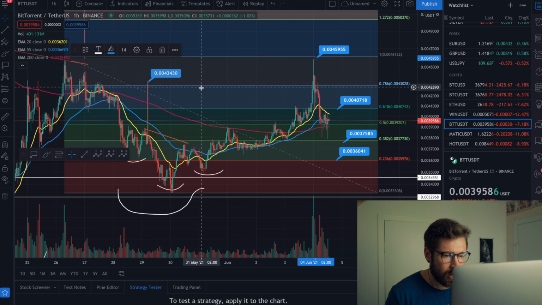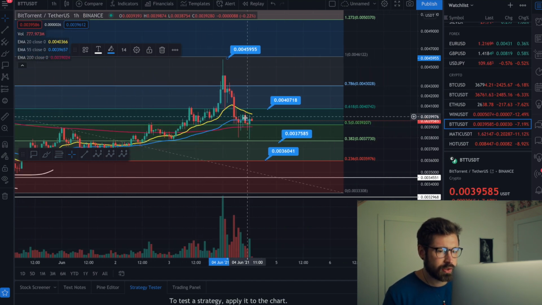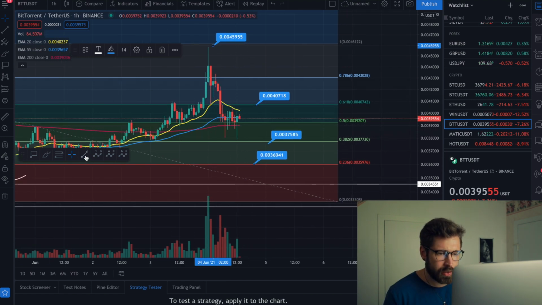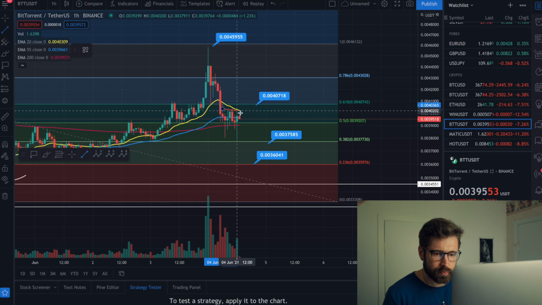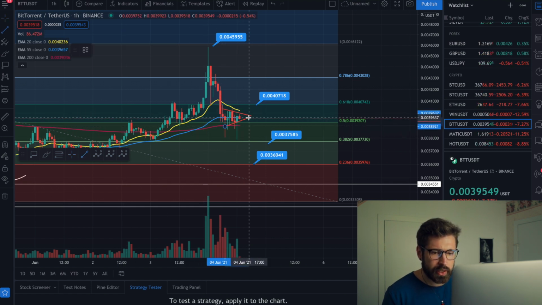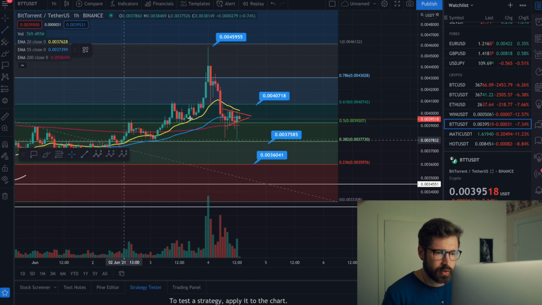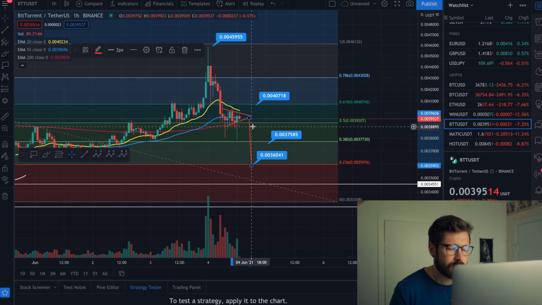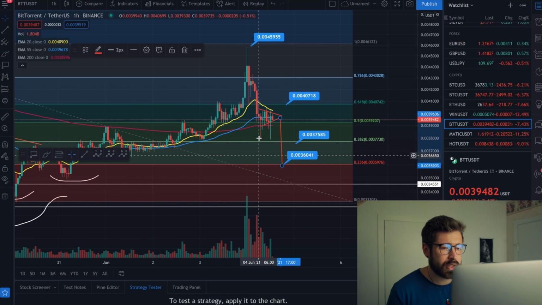So we're here on the hourly, and we're having a bit of resistance here along the EMAs. We do have a bit of a bear pennant forming here on the hourly. So if we were to break down out of this here, we could see a breakdown to that level of support about 0.0036 if we were to break down out of it.